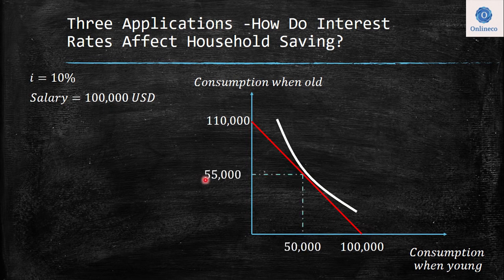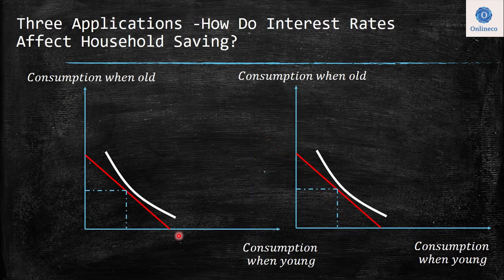And this is the middle point, the optimal one. So then, this is the situation. So imagine that the interest rate goes to 20%. So naturally, you have more temptation, or you will have more consumption when old, right?